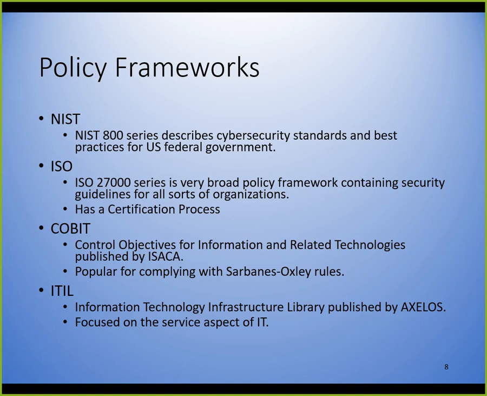COBIT, Control Objectives for Information and Related Technologies, published by ISACA for complying with the Sarbanes-Oxley rules, and ITIL, which a number of you have, the Information Technology Infrastructure Library, published by Axelos, focuses on the service aspect of IT.